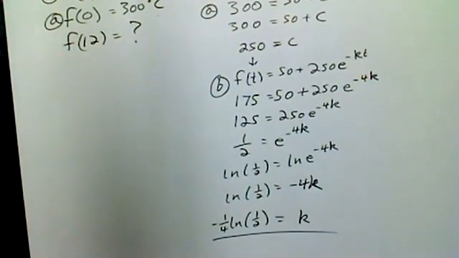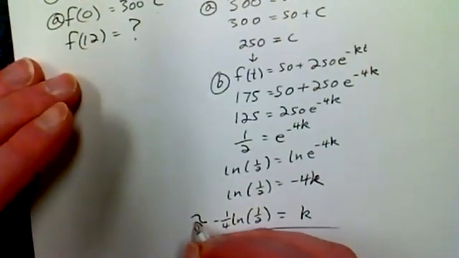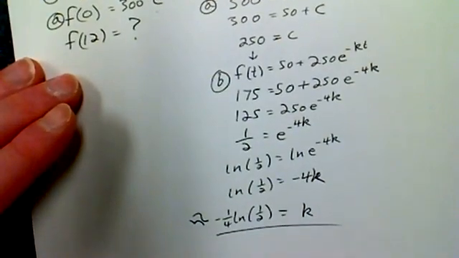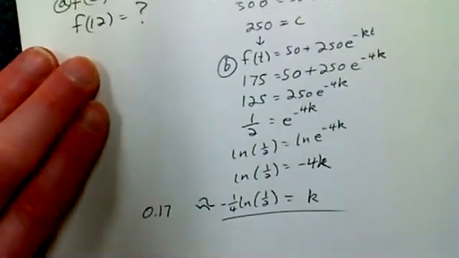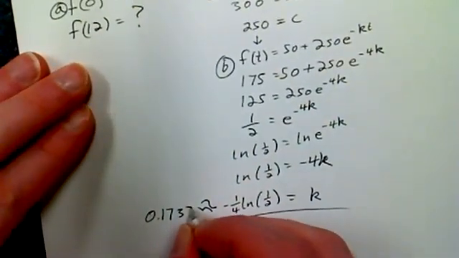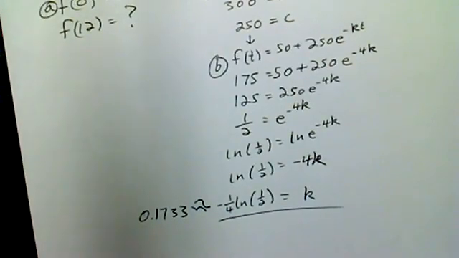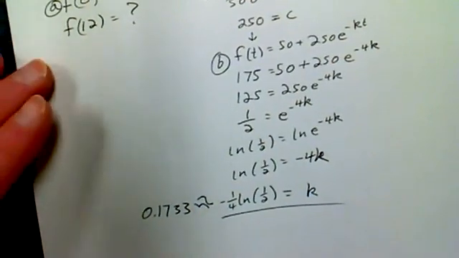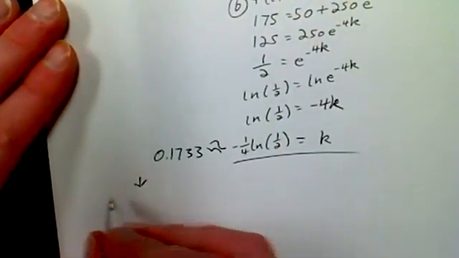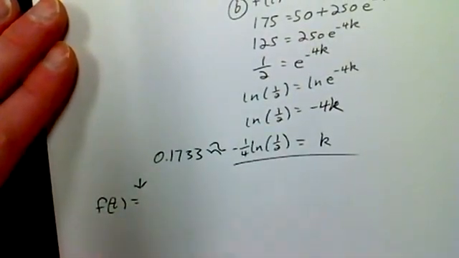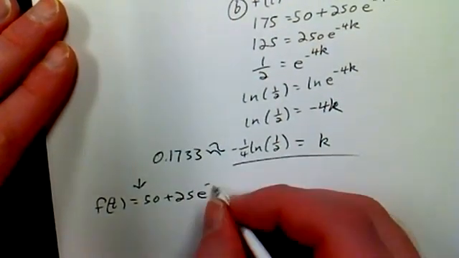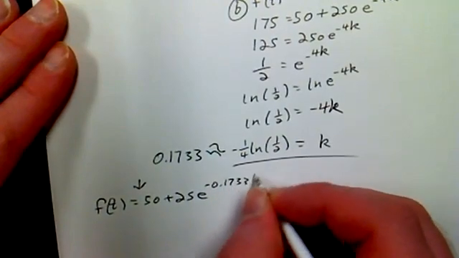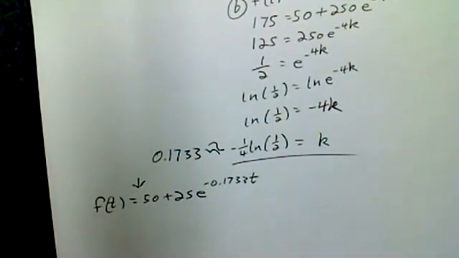I have K. If I round that off, that is about 0.1733. So let's take everything together now. My model is f of t equals 50 plus 250 e to the negative 0.1733 t. That's my K value, rounded to the nearest 10,000.